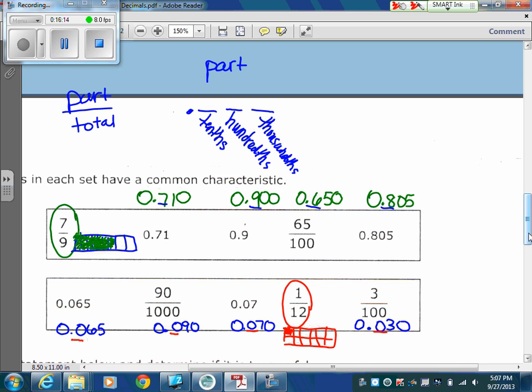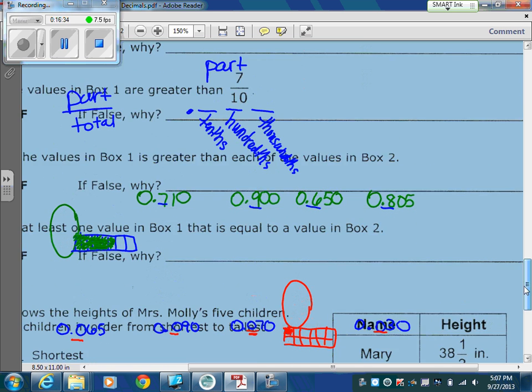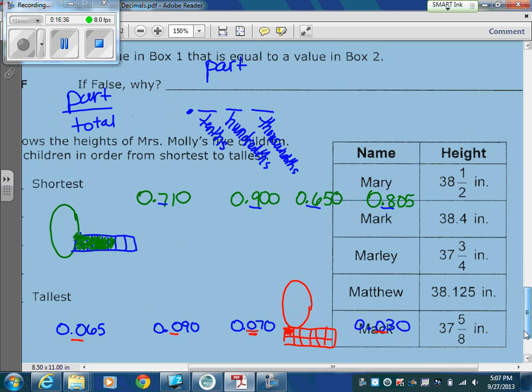So it's reasonable to assume that the decimal for 1/12 will probably also have a 0 in the tenths place. Maybe a 1, probably not. And so we can still make a prediction about the different sets and what they mean. There are questions about that that you can answer.